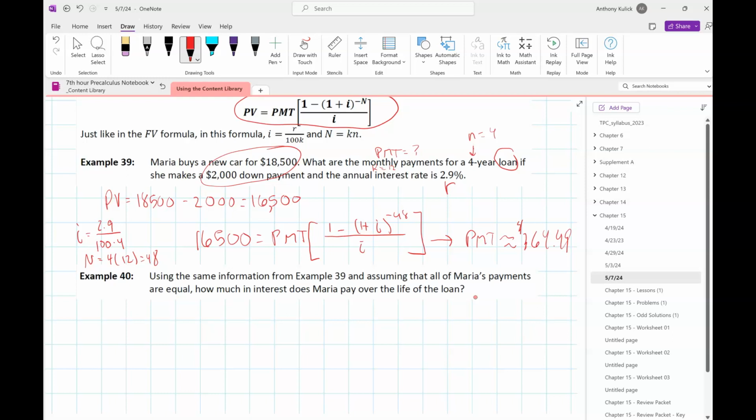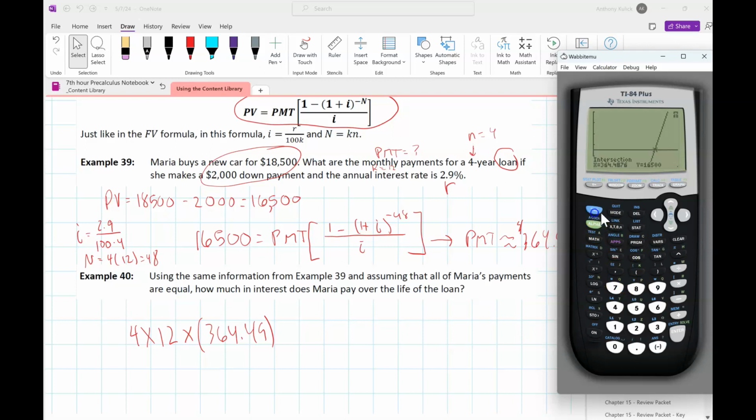So, how many loan payments is Maria going to make? How many times is she going to pay for that car? 12 times 4. Okay, 12 times 4. And then how much is she paying each time? 364. Yep. So that'll be how much she ends up paying the bank, right?